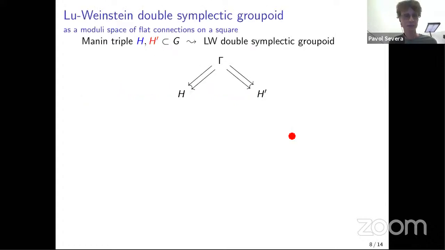It started even earlier, probably in the previous millennium, with what's called the Lu-Weinstein double symplectic groupoid. So what is that thing?